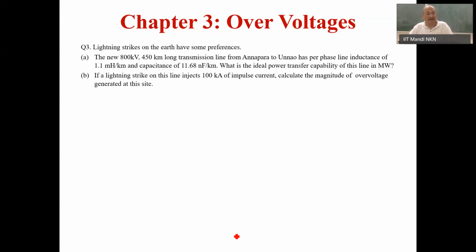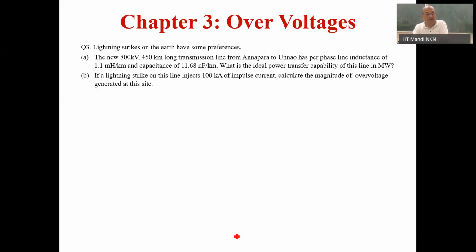You know, two kinds of over voltages are there. One is produced by lightning strike, that is the current injected on the conductors of the transmission line, and over voltages are also produced because of the switching action at the circuit breakers.